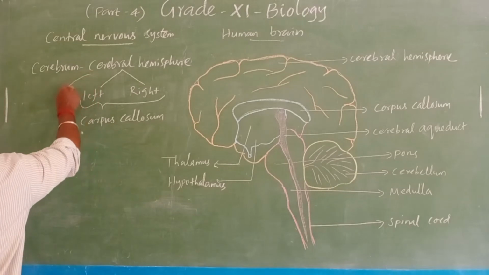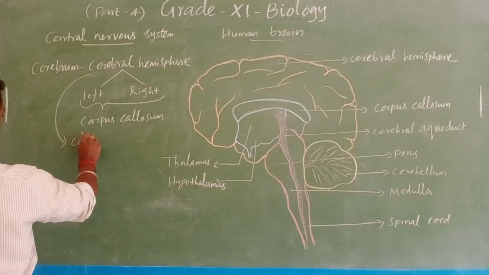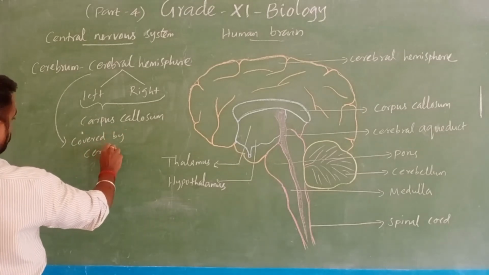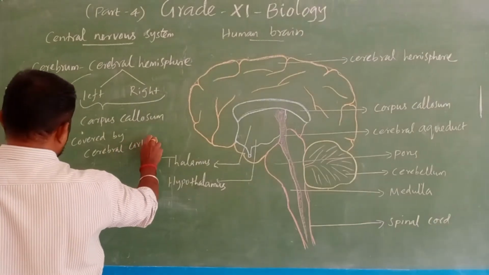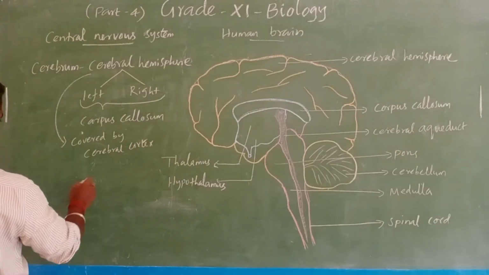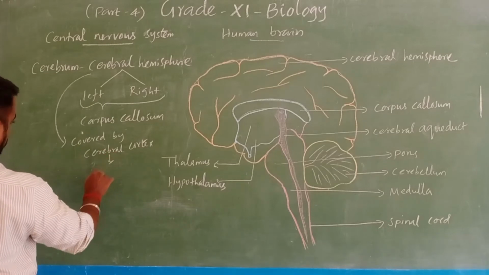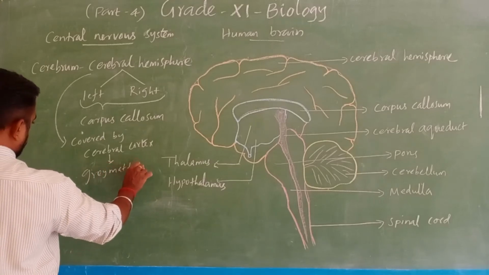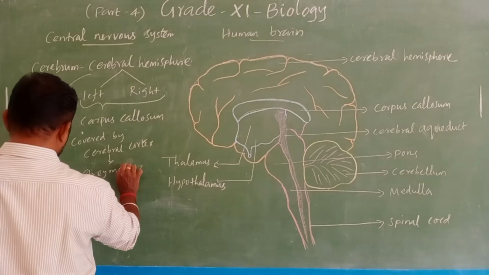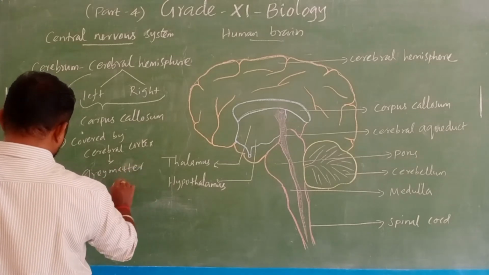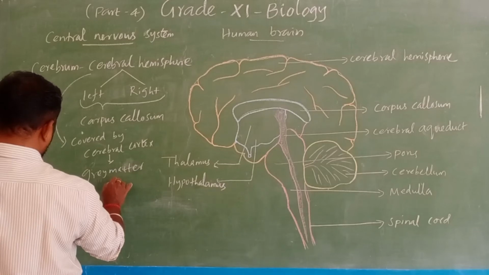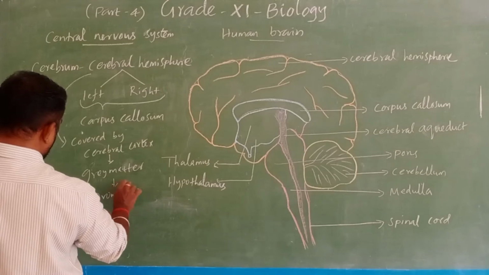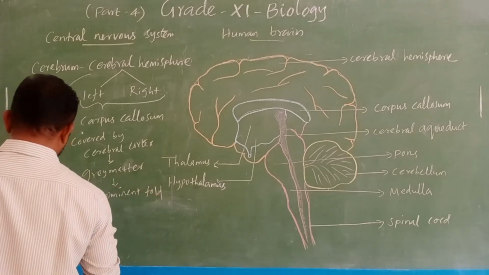Then the cerebral hemispheres are covered by the cerebral cortex. In the cerebral cortex we have gray matter. Then there are prominent folds, as I already told.